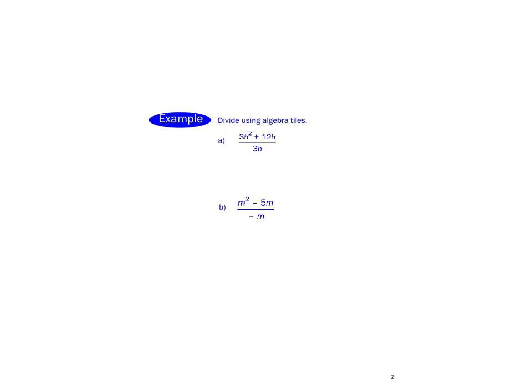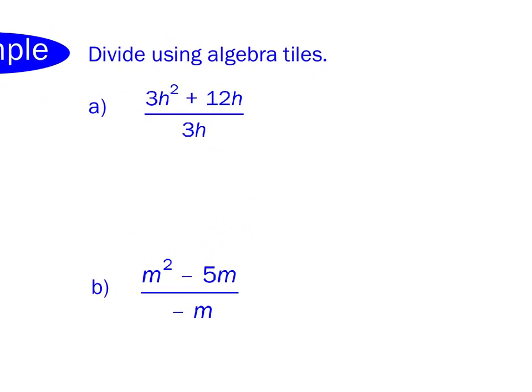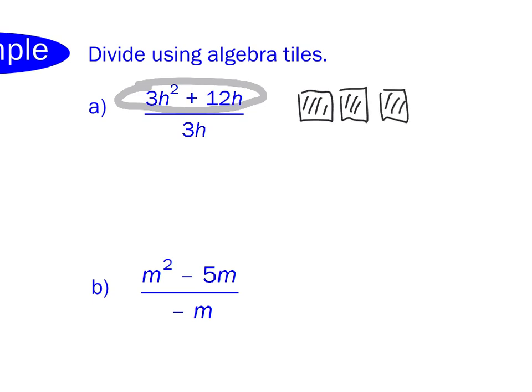So let's try just a couple questions here. The key thing is, we have 3h squared plus 12h. So that means we've got 3 big shaded squares. Don't write this down yet, I'm just showing you I've got 3 big shaded squares.